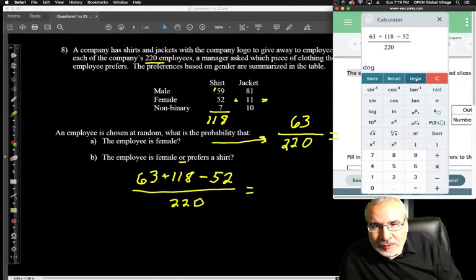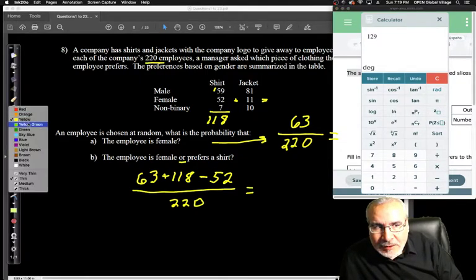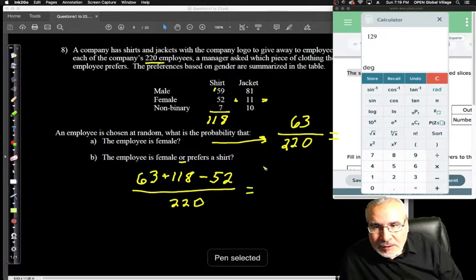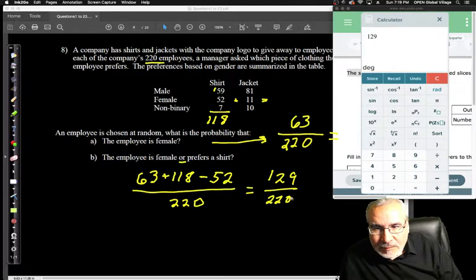Actually, I want to do something else first. I want to see what the answer is, just in case they want it as a fraction. It's 129. So let me go ahead and put that in there. So that's 129 over 220, if they wanted a fraction as an answer.